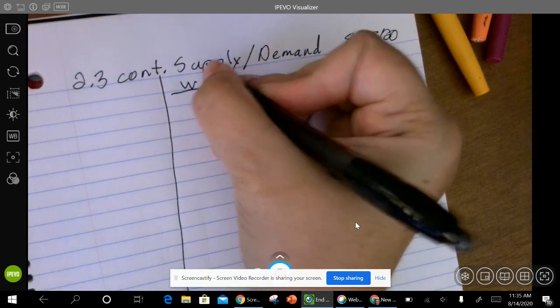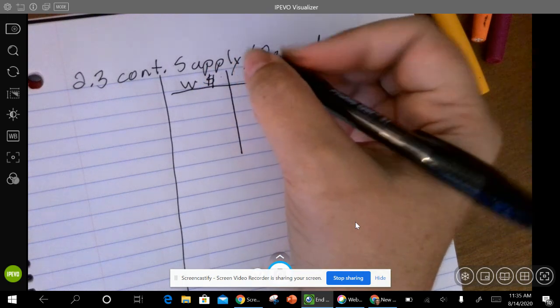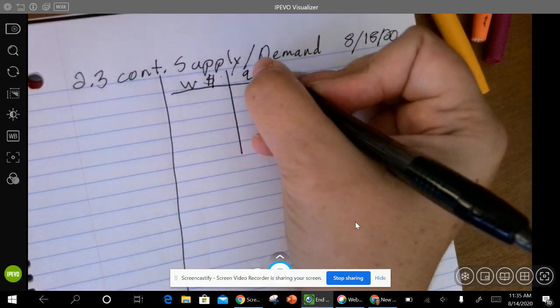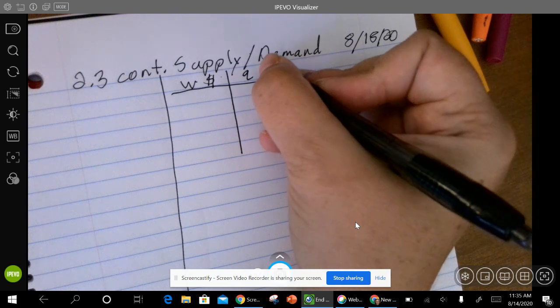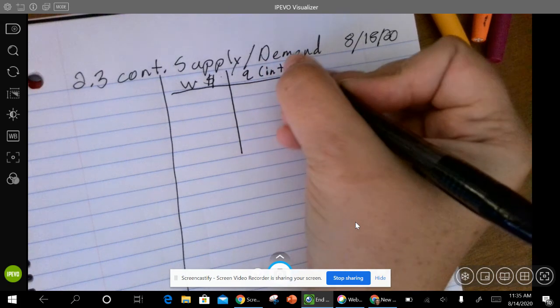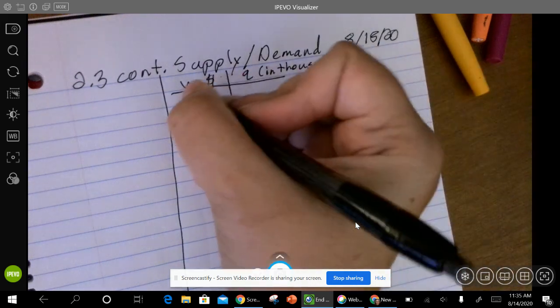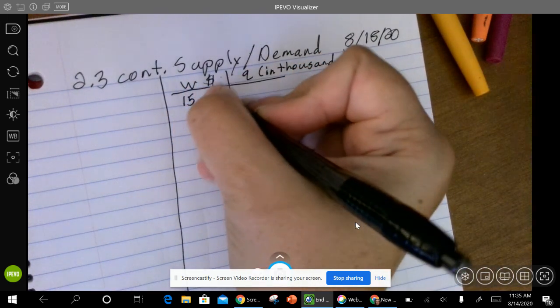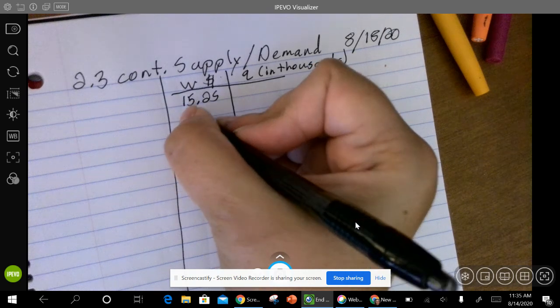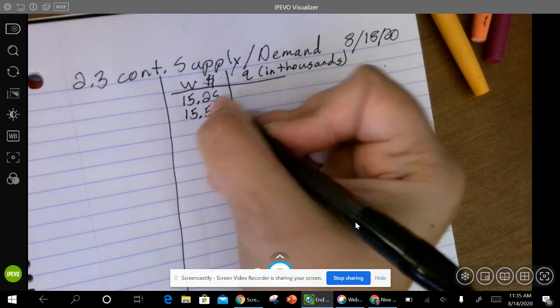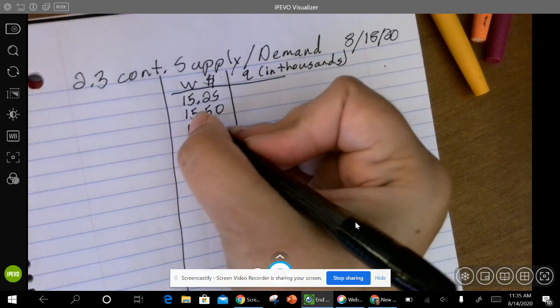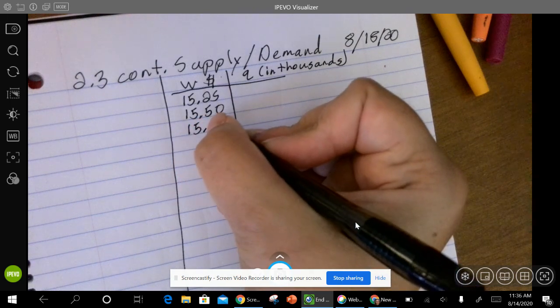So the wholesale price, and this is the quantity in thousands that the retailer would purchase. And it's going up in increments by 25 cents.